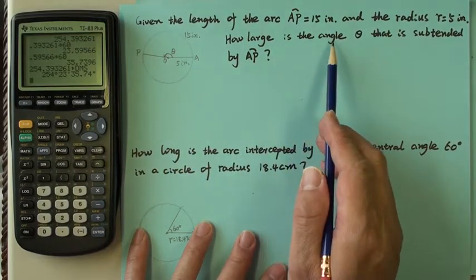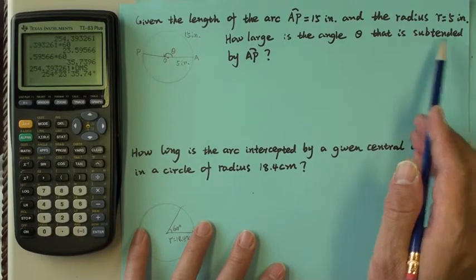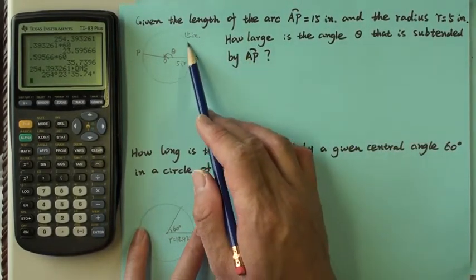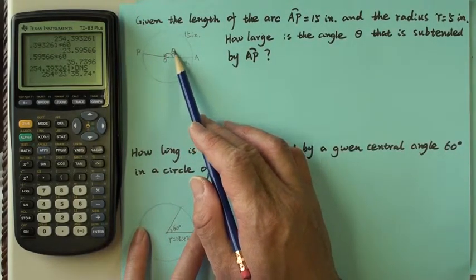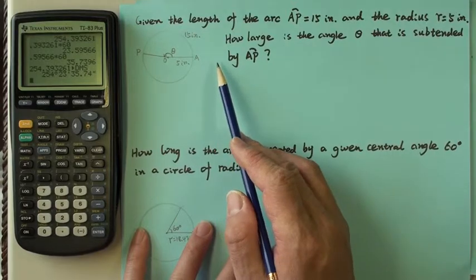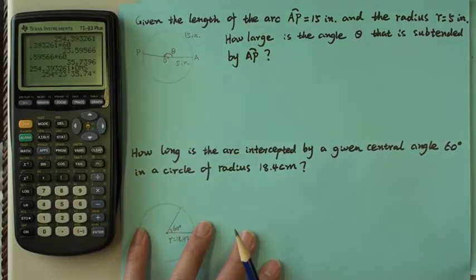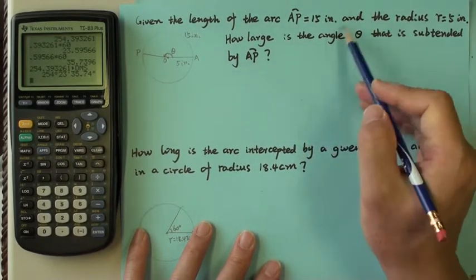Then how large is the angle that is subtended by AP, by this arc? AP is this arc, and this central angle theta is actually subtended by this arc. So how large is this angle?